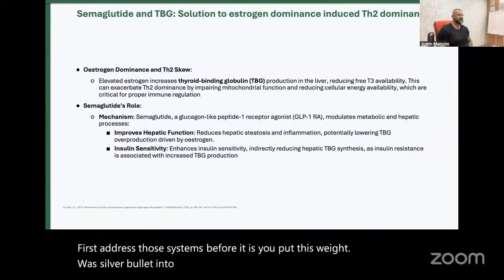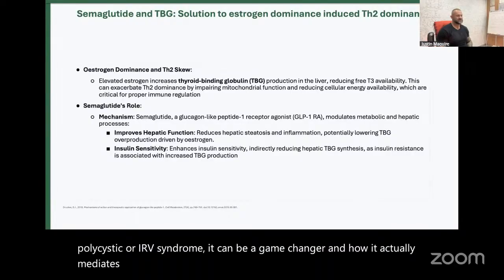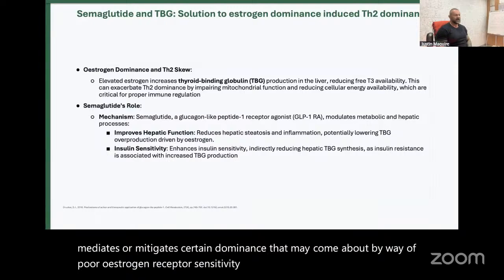That being said, in instances such as polycystic ovary syndrome, it can be a game changer in how it mediates or mitigates certain dominance that may come about by way of poor estrogen receptor sensitivity or an androgen dominant state.